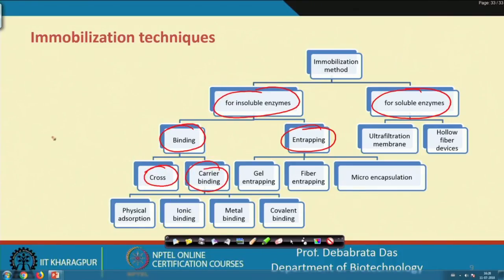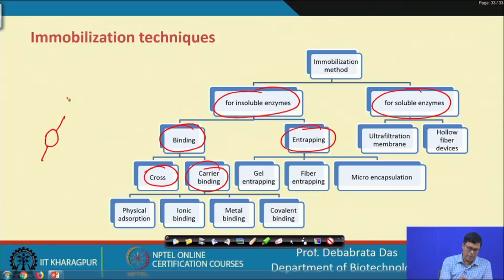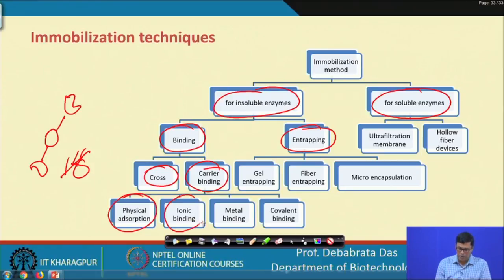Cross-linking means we use some chemical which has two functional groups, two sides, so that it can hold one enzyme on one side and another enzyme on the other side, so it will be cross-linked like this. Carrier binding means, in the case of a solid matrix, the enzymes bind with the carrier. It can be of different types: physical adsorption, ionic binding, metal binding, and covalent binding. Now, as far as entrapping is concerned, entrapping means entrapping within this system.